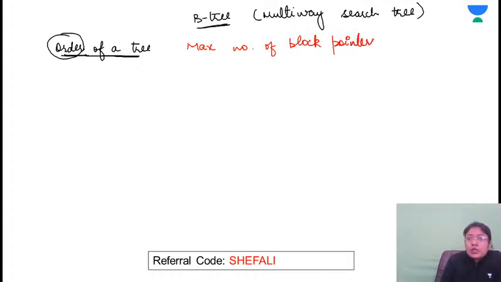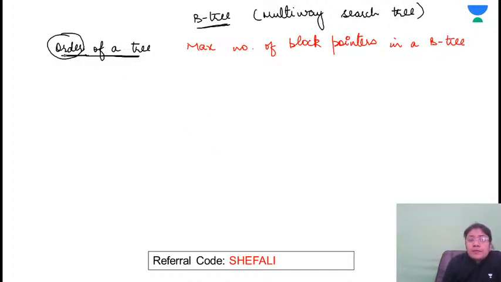Sometimes they can change the definition. They may consider that the order of a tree depends on the maximum number of keys that a node of a tree can hold. Okay, so the maximum number of block pointers in a B tree.